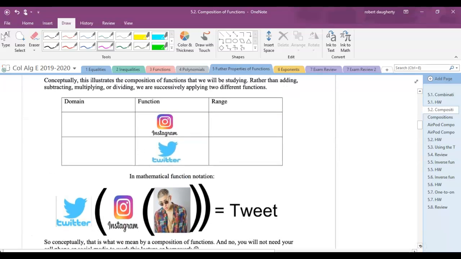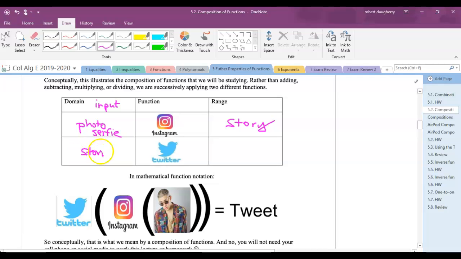What was the domain? Remember, the other word for domain is input. What was the input for Instagram? It was just your photo or your selfie, right? What was the output? Instagram created a story, okay? And then what was the input for Twitter?